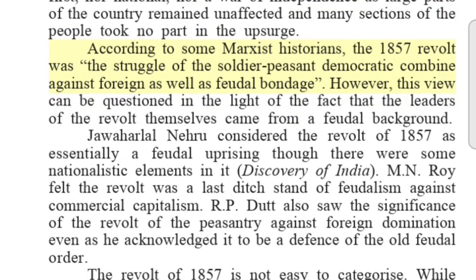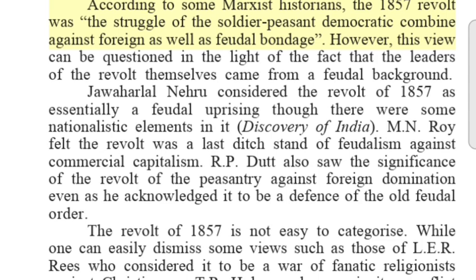According to some Marxist historians, the 1857 revolt was the struggle of the soldier-peasant democratic combine against foreign as well as feudal bondage. However, this view can be questioned in the light of the fact that the leaders of the revolt themselves came from a feudal background.